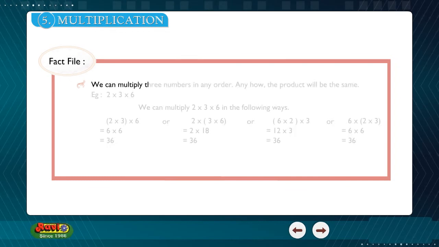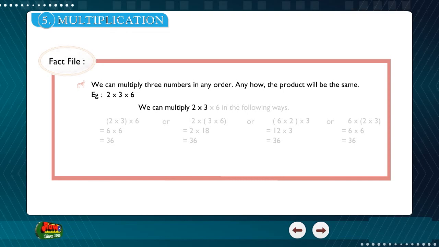We can multiply three numbers in any order. Anyhow, the product will be the same. Example: 2 into 3 into 6. We can multiply 2 into 3 into 6 in the following ways. 2 into 3 into 6 is equal to 6 into 6 is equal to 36.